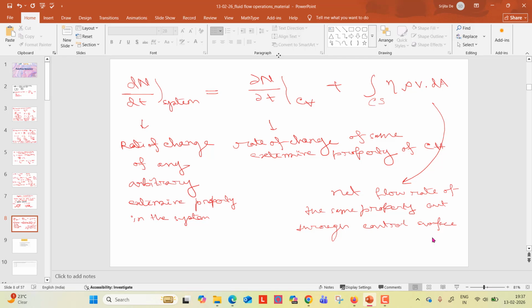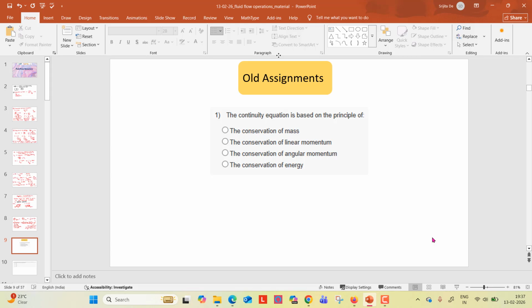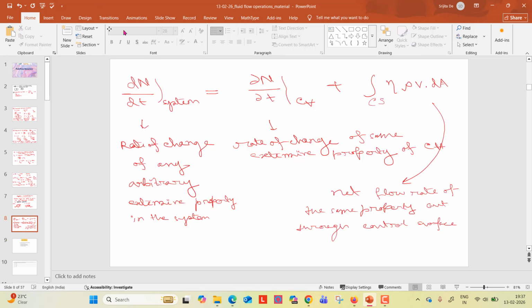So now what is this del N CV dt? If you expand this, what will come?